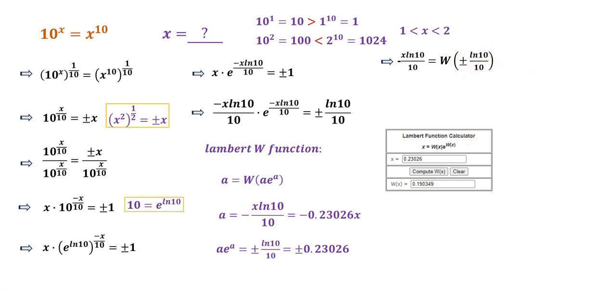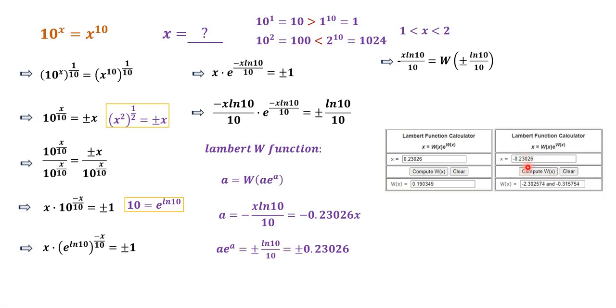When it is negative sign, and the argument is negative 0.23026, we click compute, and we get two values. So the Lambert W function of negative ln 10 over 10 has three values. There is one when positive sign, and there are two when negative sign. So these three values.